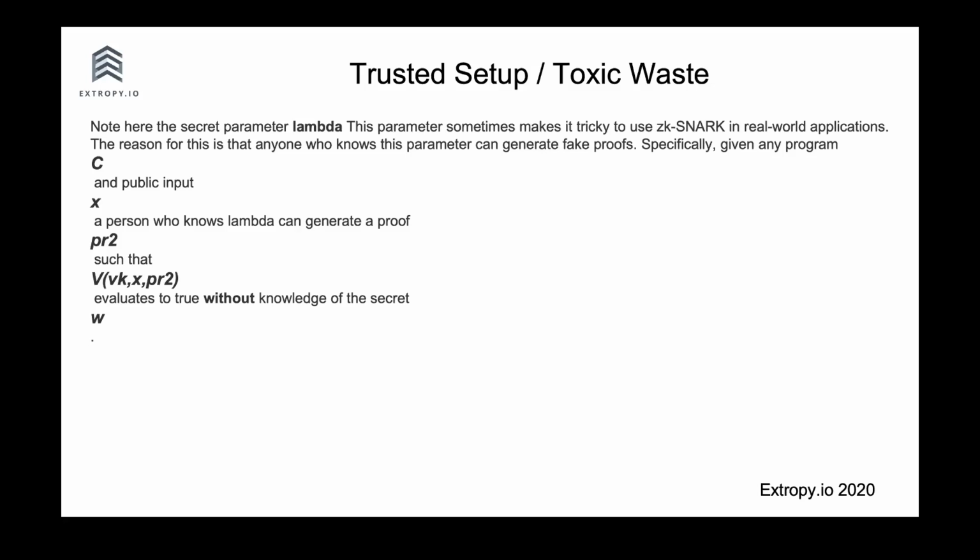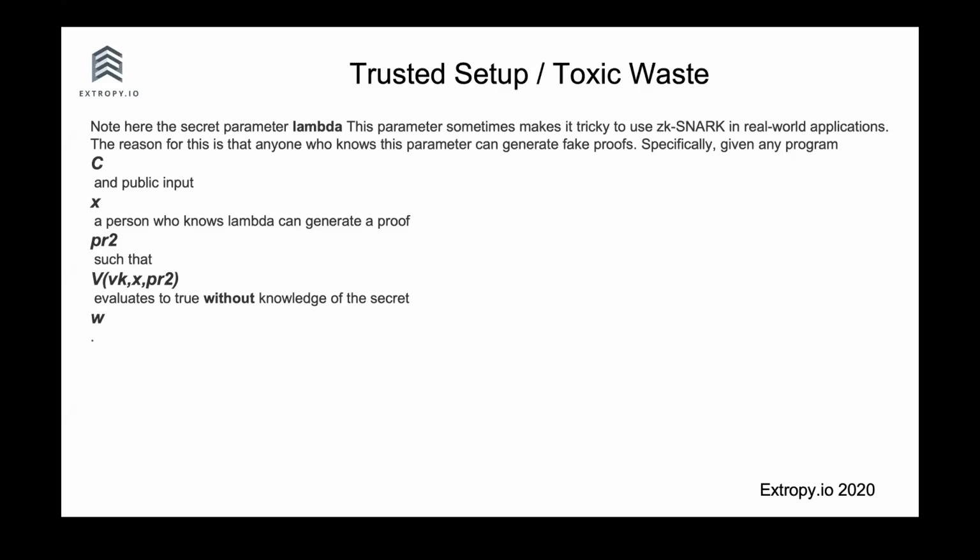And to make sure that the trusted setup is done correctly, people producing these systems have ceremonies to do this trusted setup, so that they can do this in a way that no one person would get this secret parameter lambda.